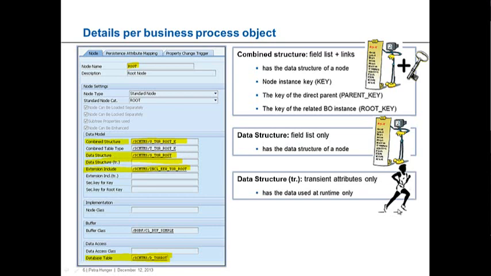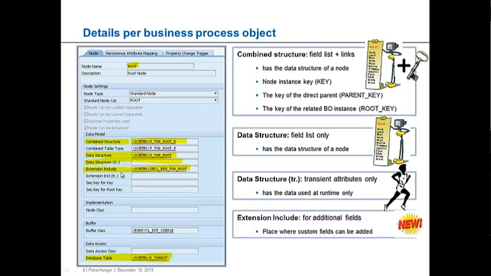So this running man is actually symbolizing that in the data structure that's transient, we have only data that is used at runtime and it doesn't need to be stored anywhere. So that's actually cleaning up a little bit the data structure, so you have a smaller field list in the data structure because you have only the persistent data.